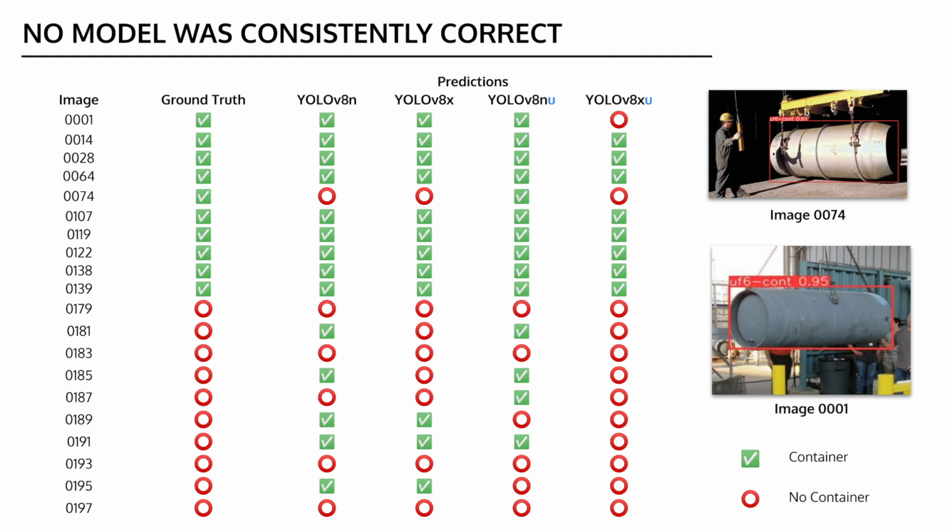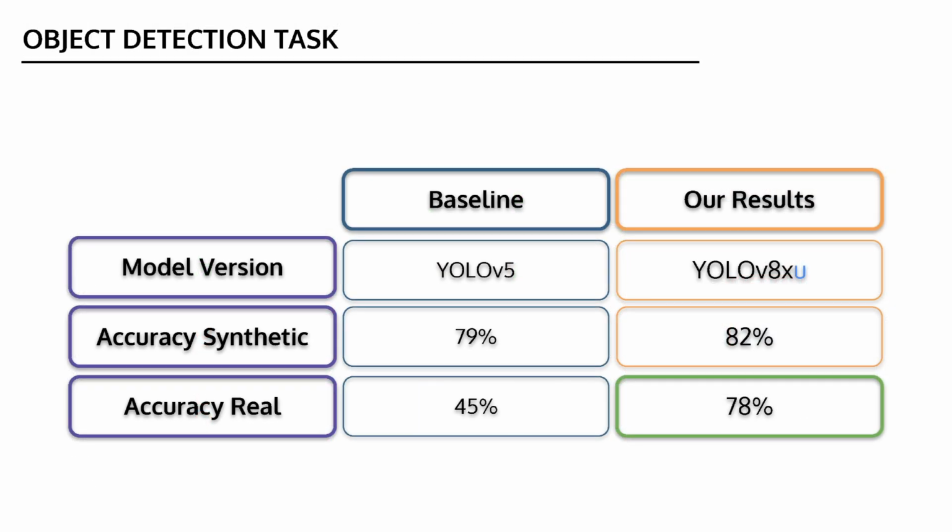So now, where did we take over from in terms of our baseline experiment that was done by Sandia National Lab? With the baseline experiment that was done with the YOLO V5 model for object detection, we have a 79% accuracy when tested on synthetic data.